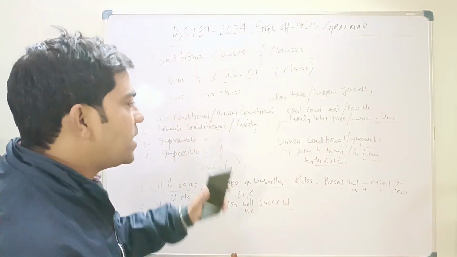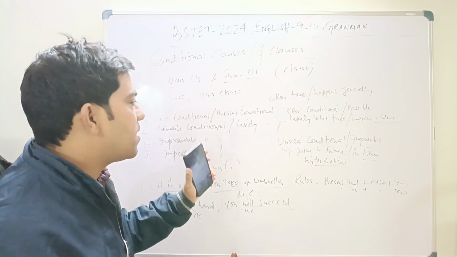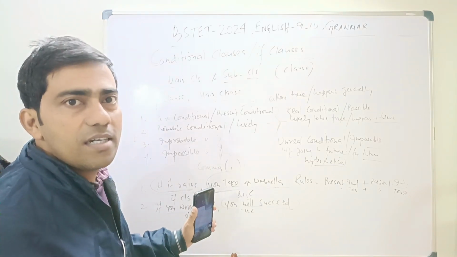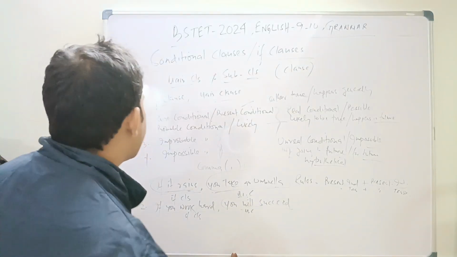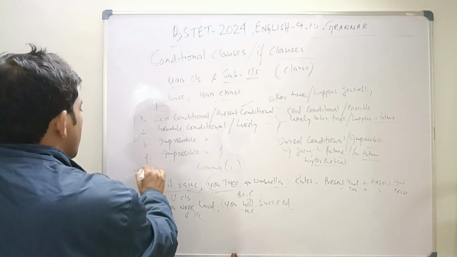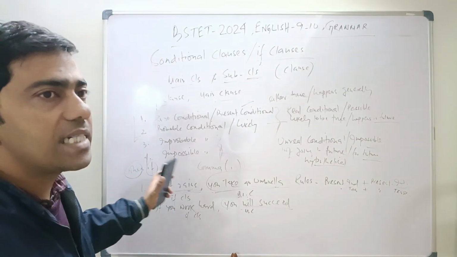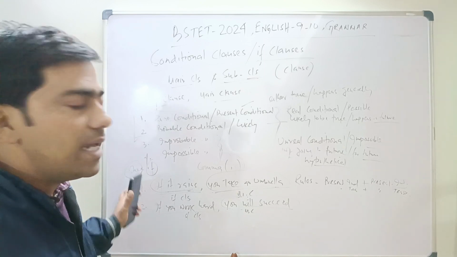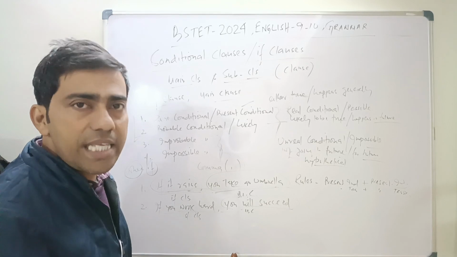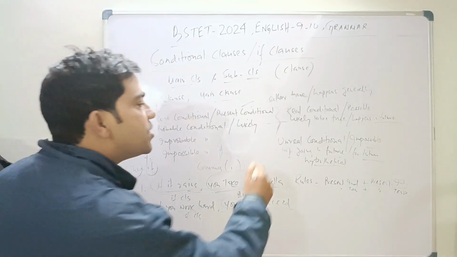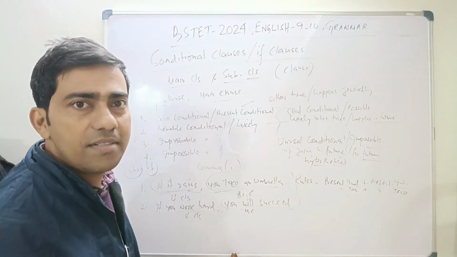And you know one thing, the one trick: if the real conditional clauses are not identified properly, you cannot identify it, then please take when in place of if. If if is replaced by when, the idea will be the same, and if the idea will be the same, then it is a realistic or real conditional.